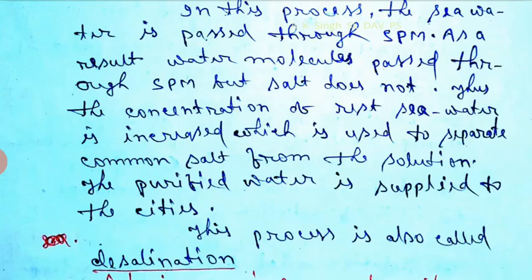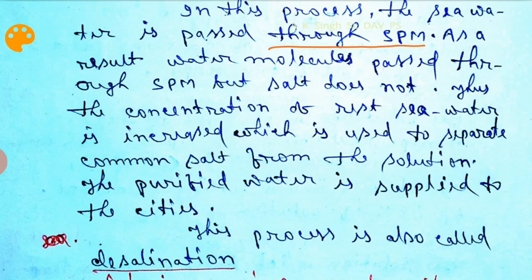In this process, the seawater is passed through SPM. SPM means semi-permeable membrane. You have read it is natural as well as artificial.